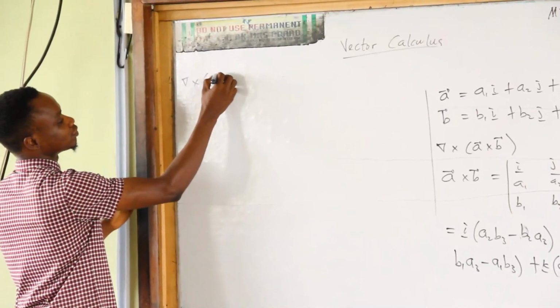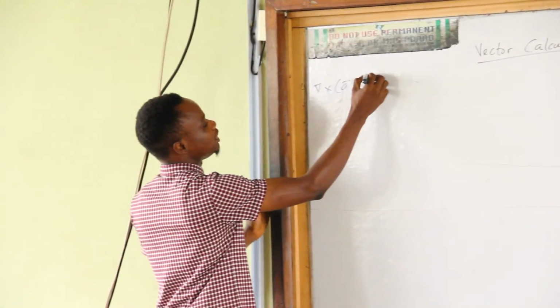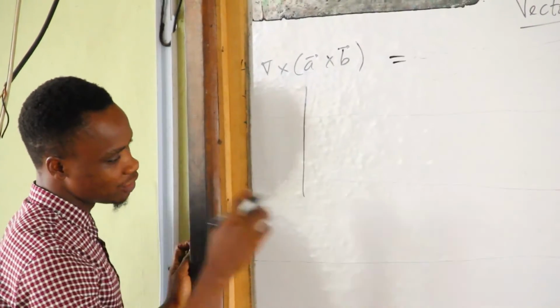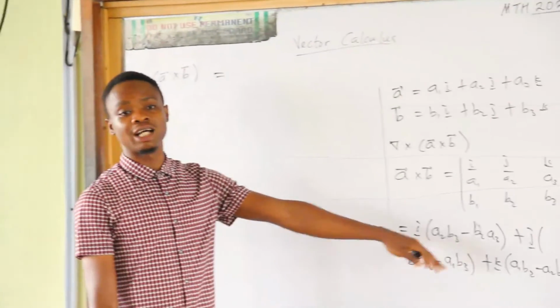Nabla cross (A cross B) will be equal to what? So let's write out A cross B. That's going to be somehow long.